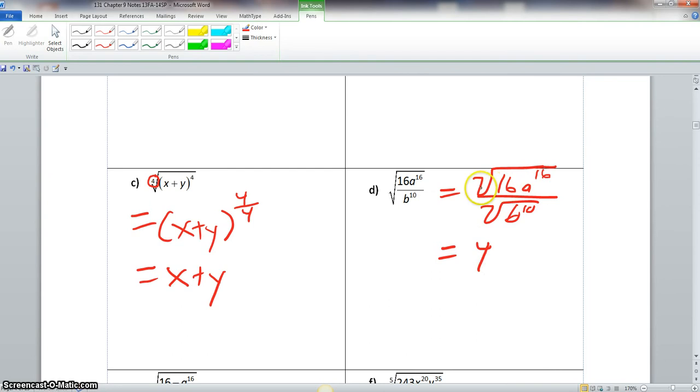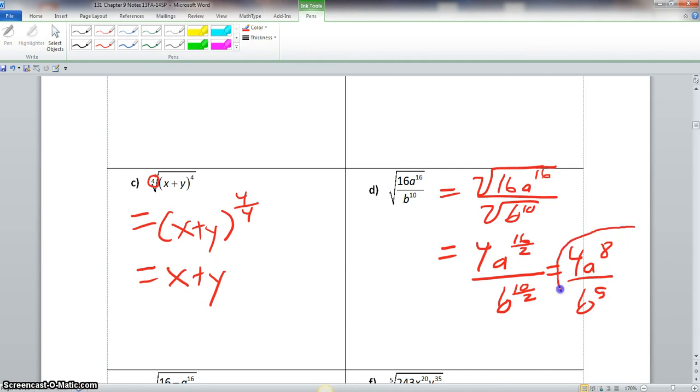The square root of a to the 16th is the same as a to the 16 divided by 2, all over the square root of b to the 10th, which is the same as b to the 10th divided by 2. As we know, we take the exponent and divide it by the index. So this would give us 4a to the 8th all over b to the 5th, and that is the final answer for that problem.